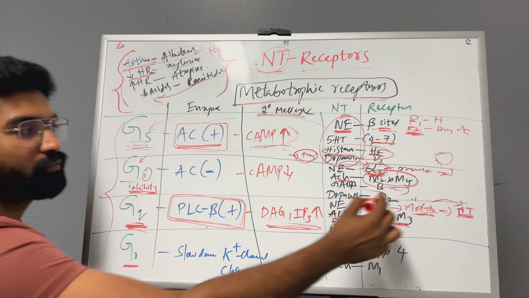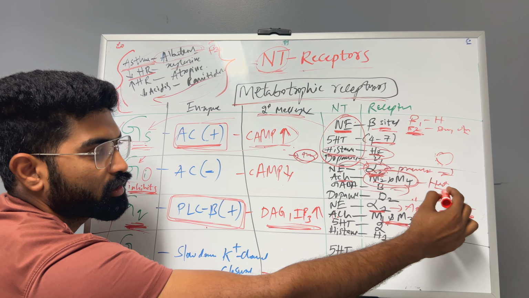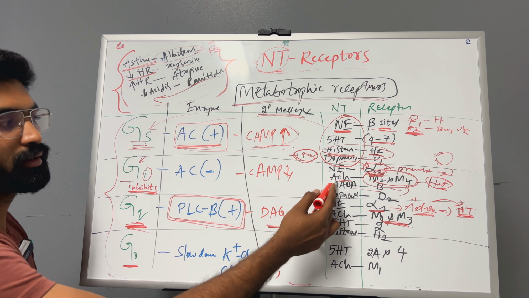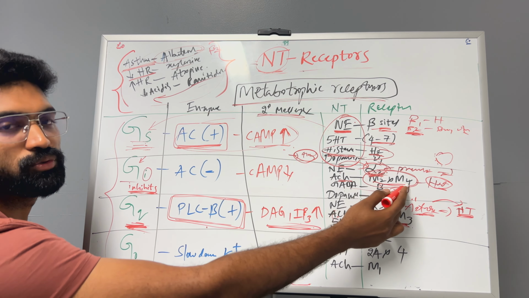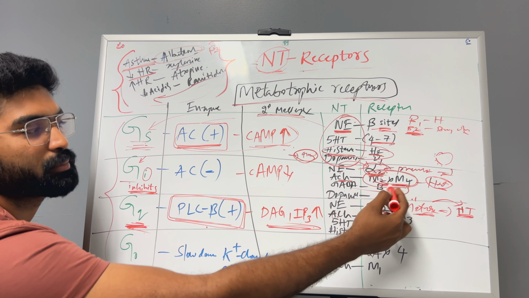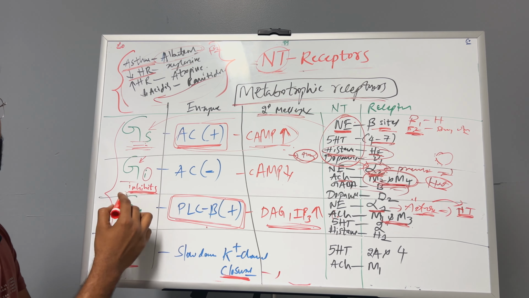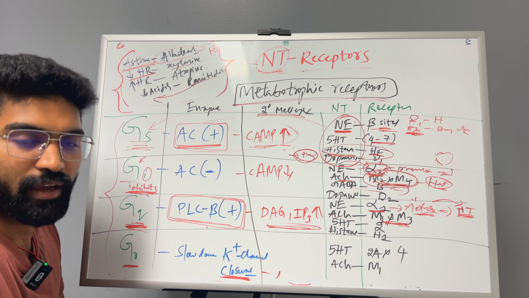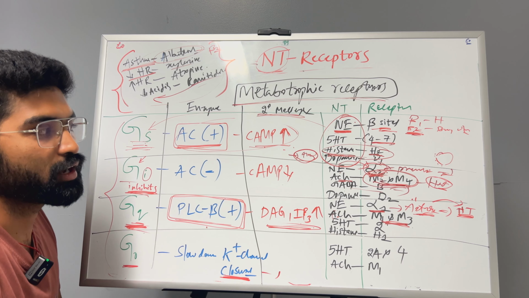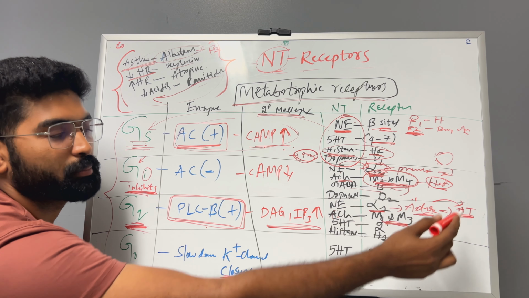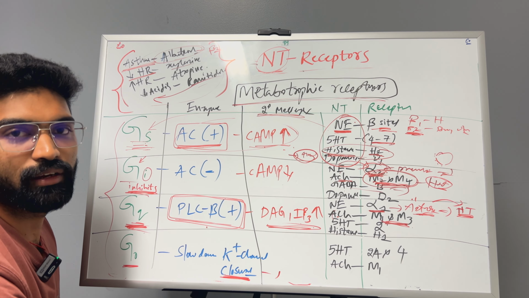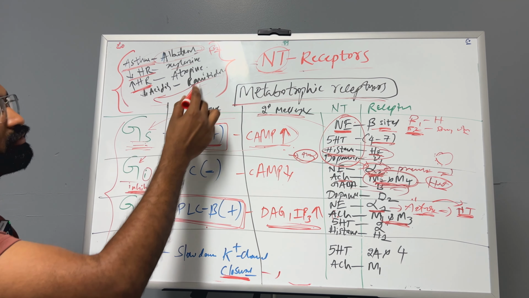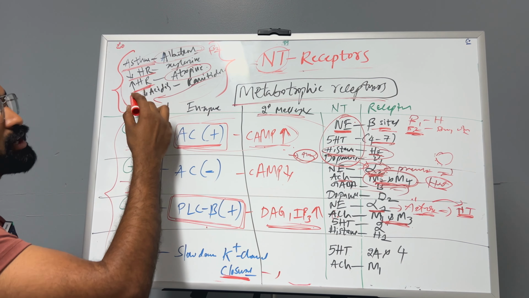Since the heart has these M2 and M4 receptors, once acetylcholine binds with these receptors, it will lead to an inhibitory action, that is, reduction in the heart rate. That is the reason why any drug which can antagonize the muscarinic receptors on the heart will subsequently show an increase in heart rate. That is the reason why atropine is able to increase the heart rate.